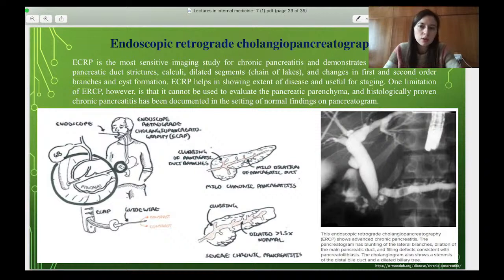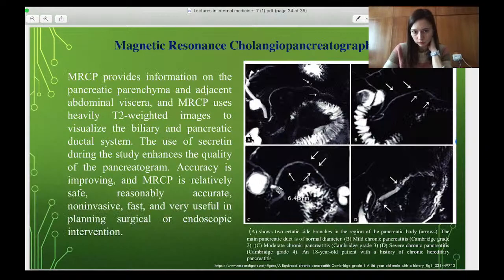Next method is magnetic resonance cholangiopancreatography. And this method provides and examines the pancreatic parenchyma.